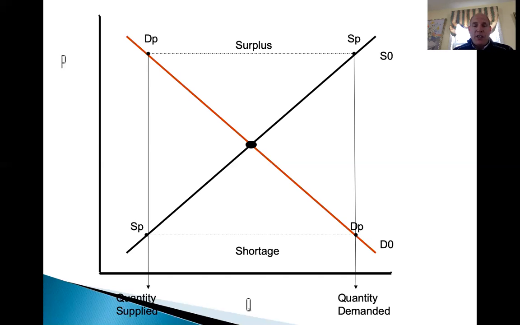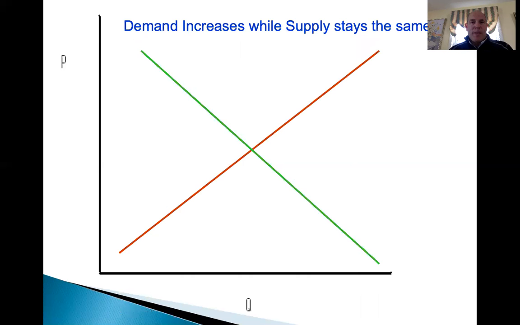So anything operating below the equilibrium point gets into a shortage situation. That's what we're experiencing with masks and toilet paper and so on: the ability to produce, plus an increased demand. People are buying way more toilet paper than they need, and the suppliers can't keep up. So you have a shortage.